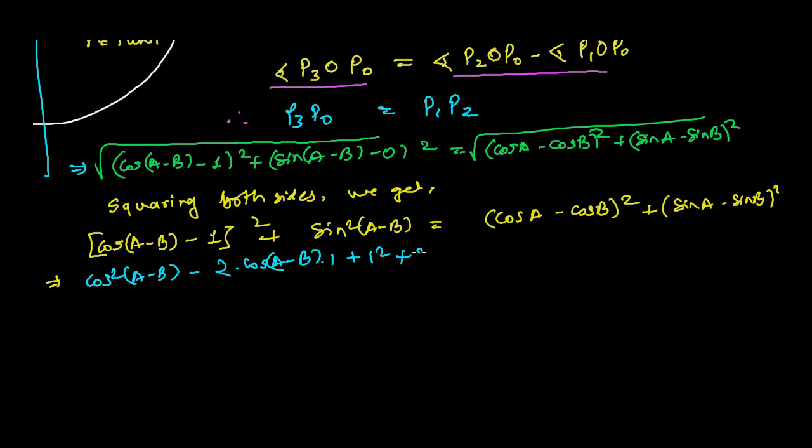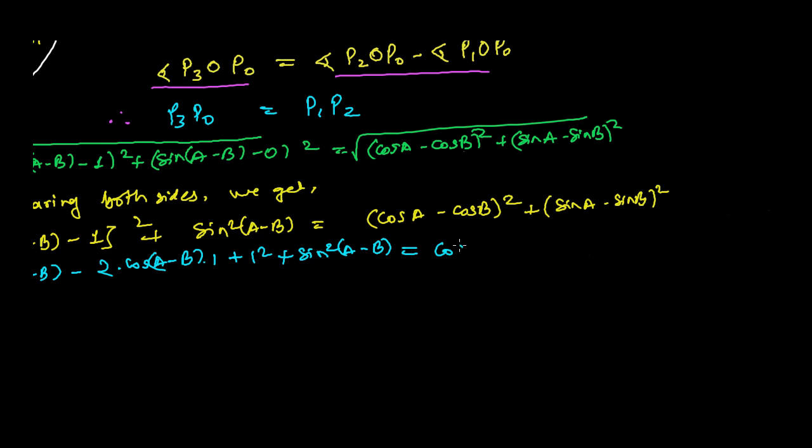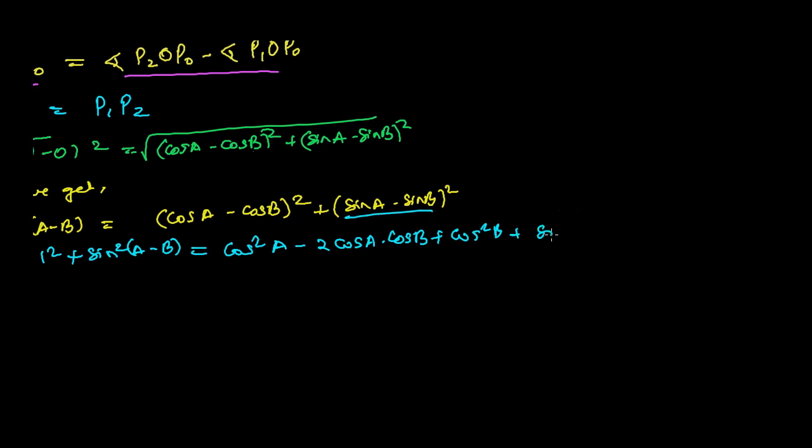Applying it to the left side, and the same a minus b whole square formula on the right side, cos a minus cos b whole square gives cos square a minus 2 cos a cos b plus cos square b. Now let's do the same operation for sine a minus sine b, again a square minus 2ab plus b square, giving sine square a minus 2 sine a sine b plus sine square b.